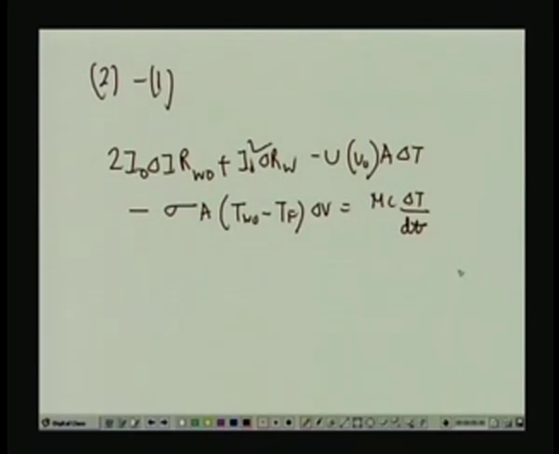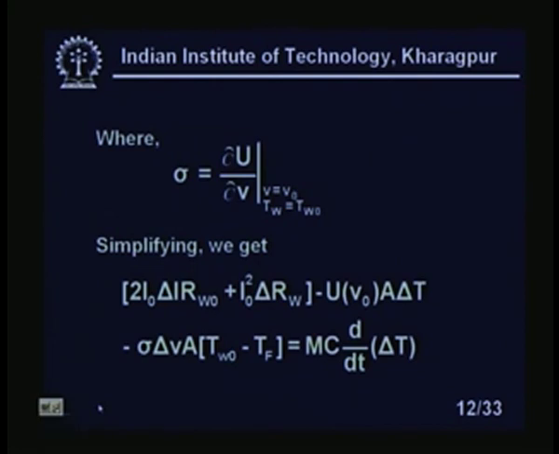So let me go back to the PowerPoint presentation again. This is our expression, right. Sigma is the partial derivative of U with respect to V when V equals V naught and TW equals T naught.